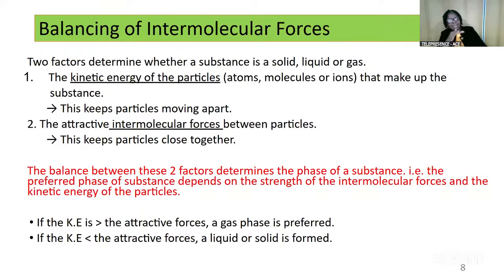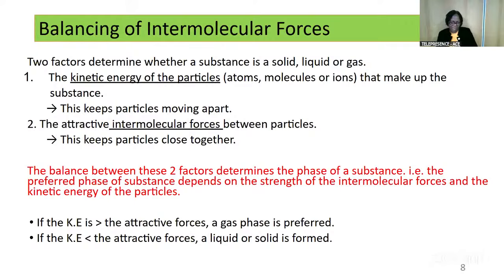So there is that need to balance between these two factors, and that is what determines the phase of a substance. So the preferred phase of the substance will depend on the strength of both, because it will depend on the strength of the kinetic energy. If the kinetic energy is so high, so large, that means KE is greater than attractive forces, and by that, you're going to have a gas phase that will be prevalent.